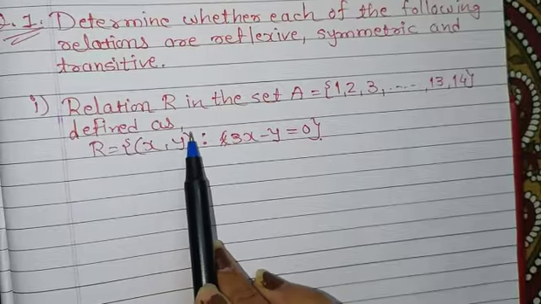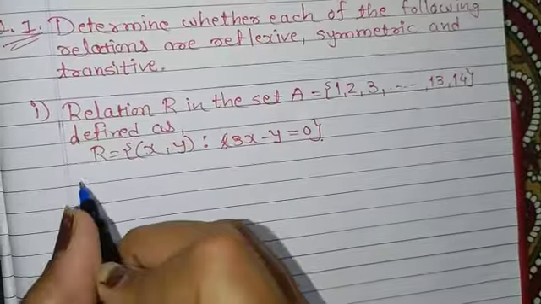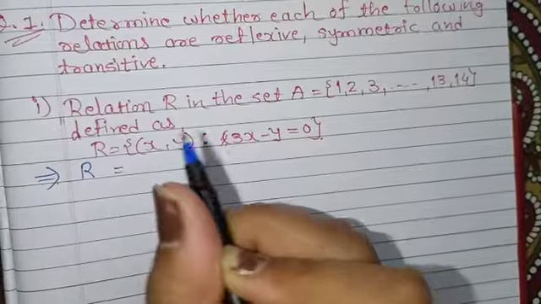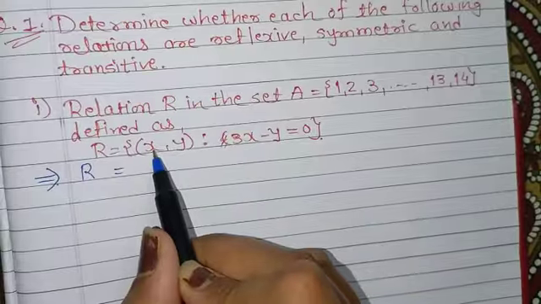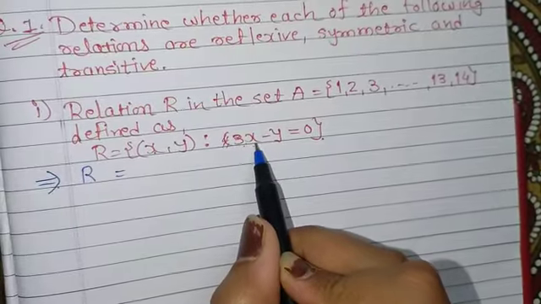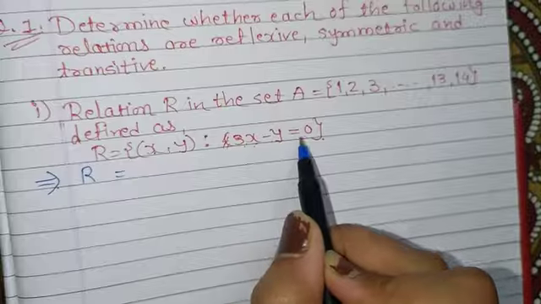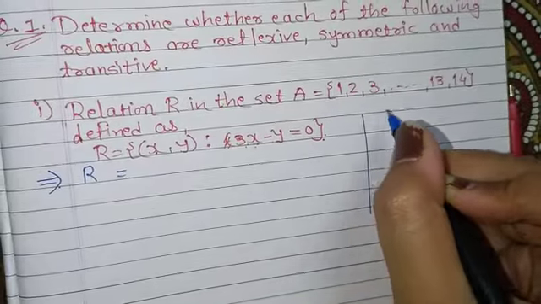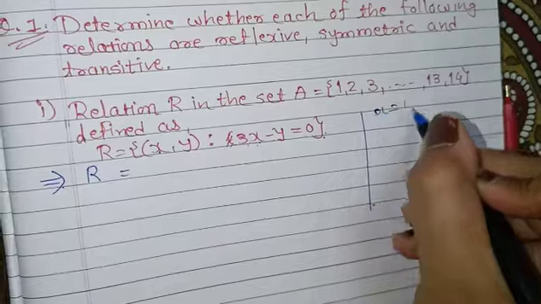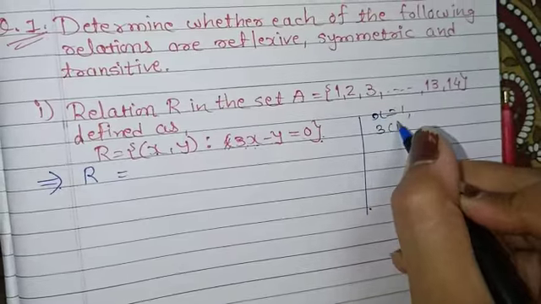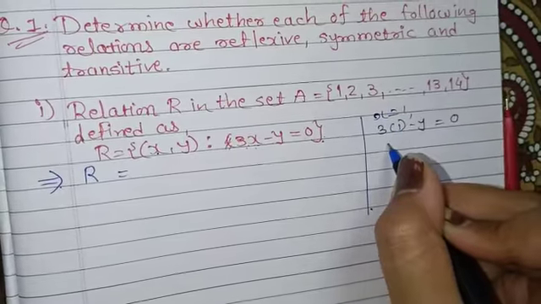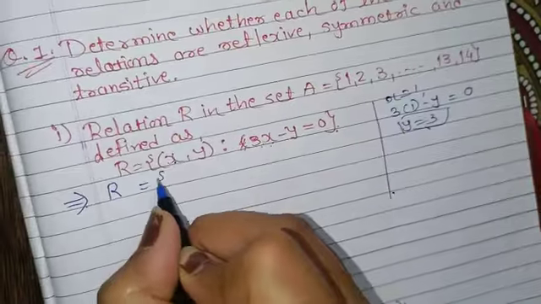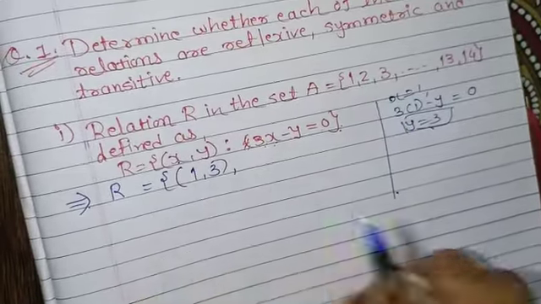First of all, we will define the relation R. If we take x equals 1, then we get 3 times 1 minus y equals 0, so y equals 3, and we get the ordered pair (1, 3).